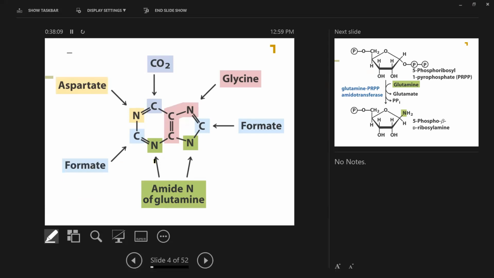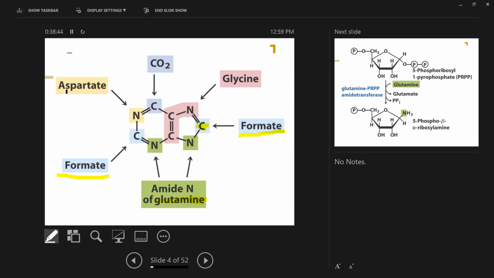Let's use my highlighter. All right, so this one here comes from formate. This nitrogen and this one, they both come from glutamine. This also comes from formate. So two carbons, notice these carbons that sit between the nitrogens, they come from formate.